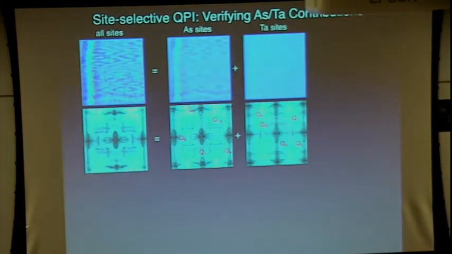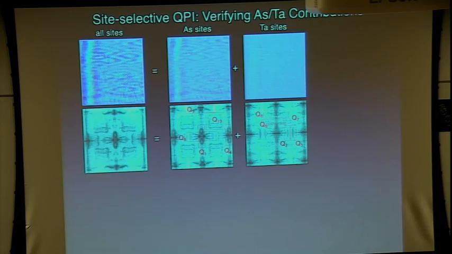You talk about this experiment. It's very simple. What you do is you take a picture, so you know where the arsenic atoms are, and you get atomic registry of your conductance maps. These are energy resolved conductance maps. You have the topography. You just pick out where the arsenic sites are. You keep the signal from those pixels, or you keep the signals from the pixels in between them.